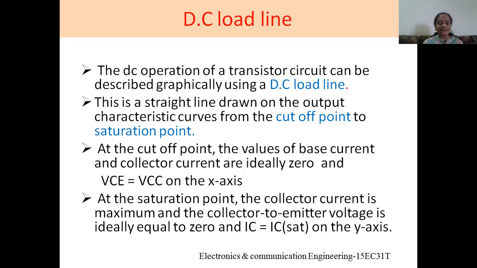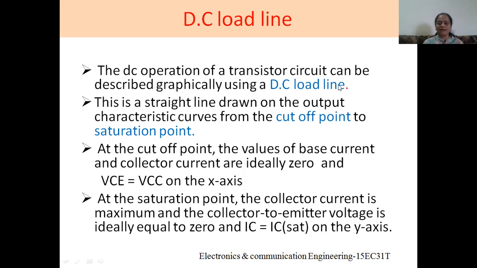Biasing is necessary to make the transistor operate in the active region. When you do the biasing, we apply DC voltages, which we get either by using a resistor, capacitor, or by applying a DC voltage. The DC operation of that transistor can be understood with the help of a DC load line.